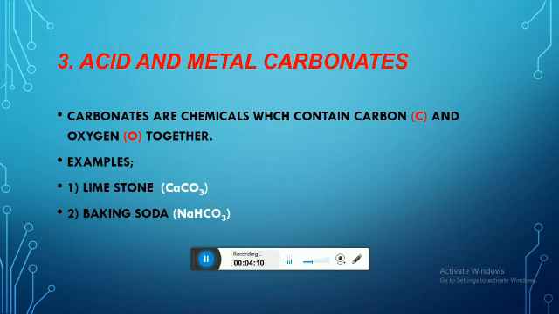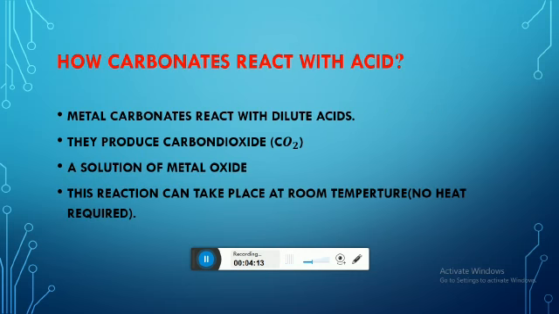Now, how does carbonate react with acid? Whenever a metal carbonate reacts with dilute acid, for example limestone, calcium carbonate, CaCO3, or baking soda, the dilute acid, maybe HCl, maybe H2SO4, or maybe HNO3, whatever that would be, produces carbon dioxide.